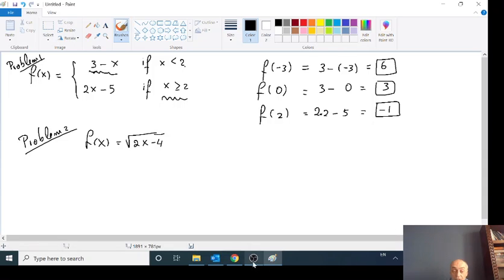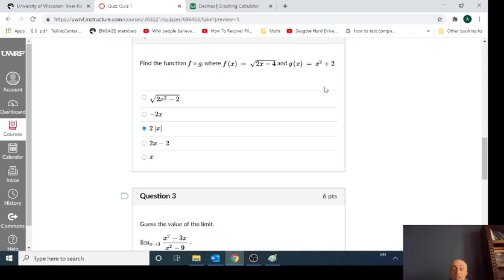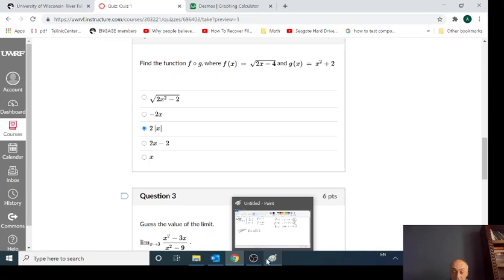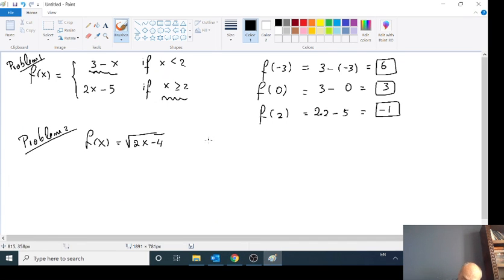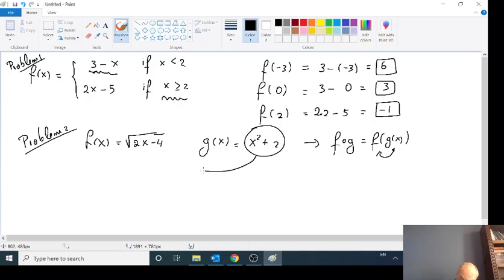And we also had g of x, and that was x squared plus 2. So if you look here at the problem that was asked, there was f circle g. Of course, you need to do f of g of x here. So you take the formula of g and you substitute in the x value where f is defined. So you would take this thing here and you replace x by that thing.